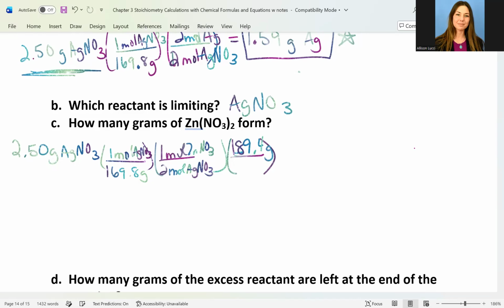We can find that from adding 1 mole of zinc and then 2 nitrogens, and 6 oxygens because we have NO3 twice in our molecular formula. So this tells me that I could produce 1.39 grams of zinc nitrate.